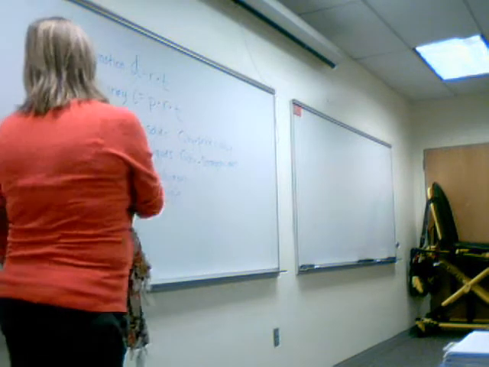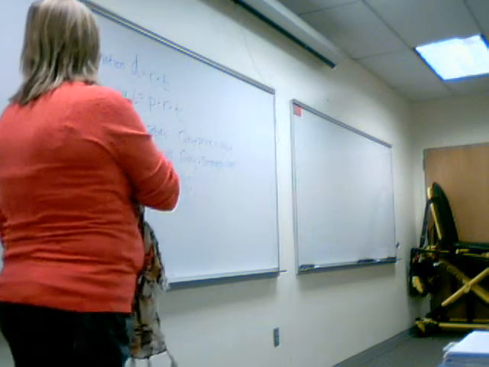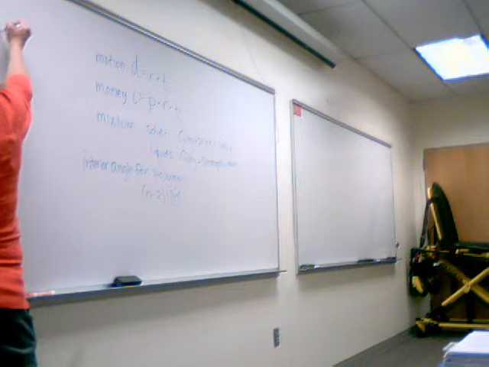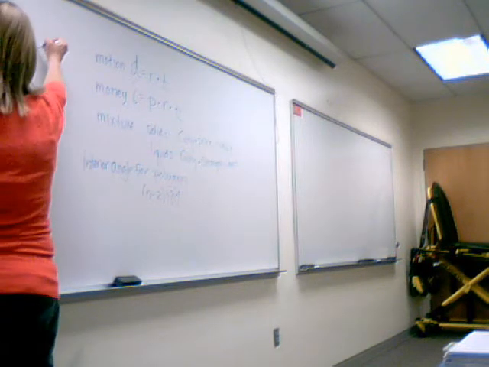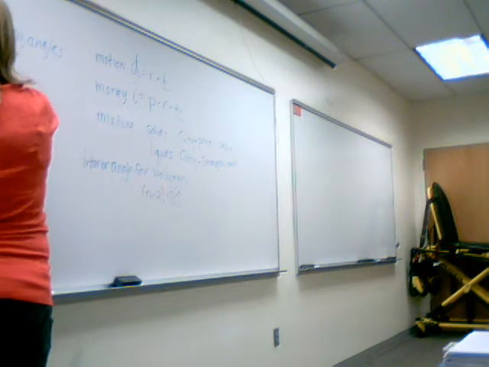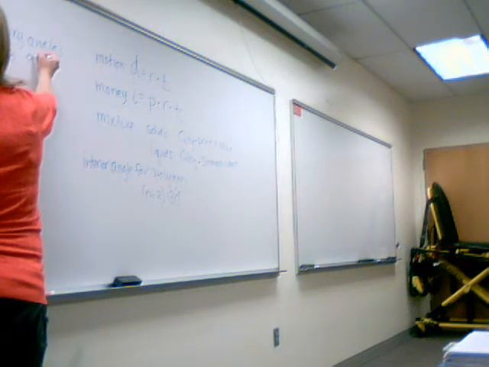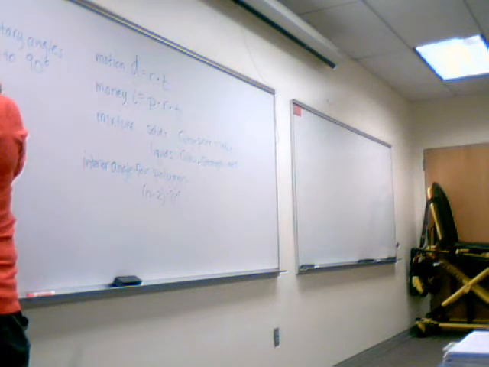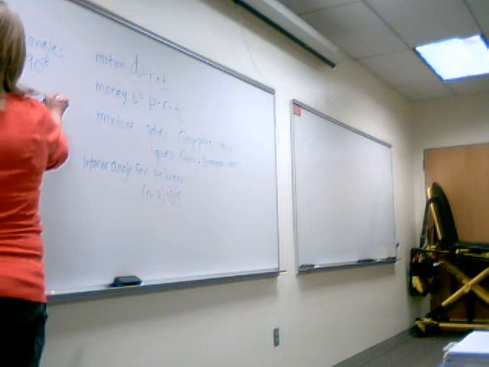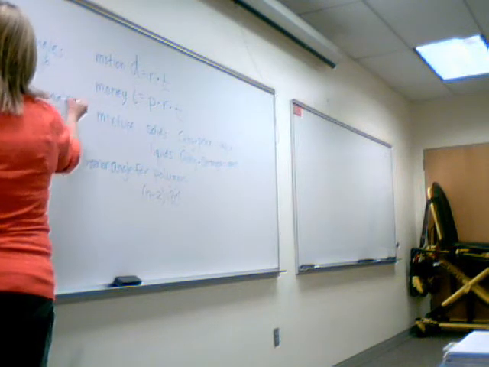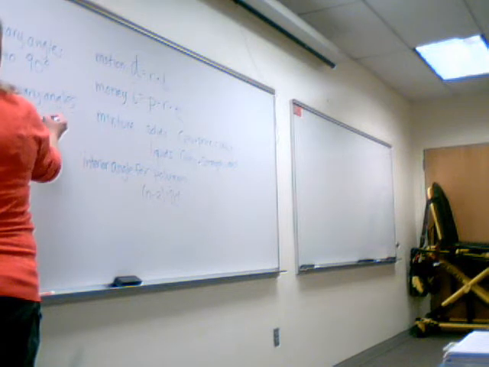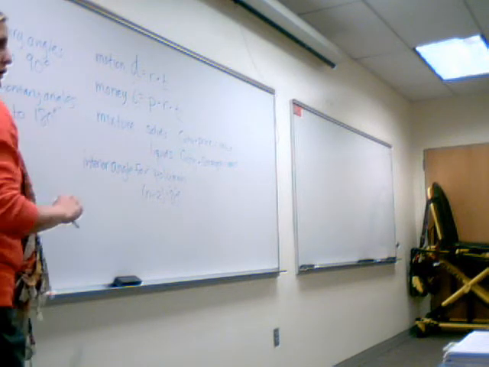That is a great one to know. I can think of 2 more. Complementary angles. What do complementary angles add up to? 90. Supplementary angles add to 180. Very important to know.